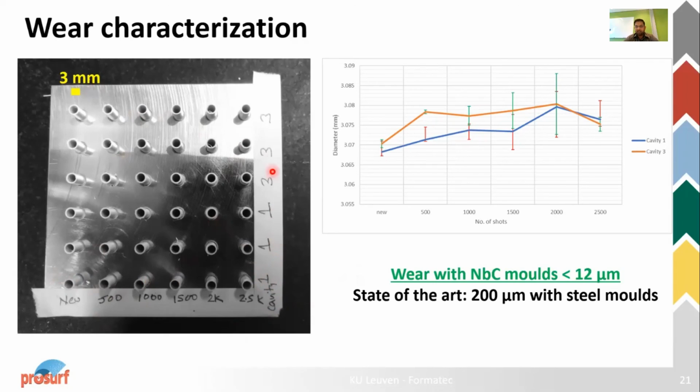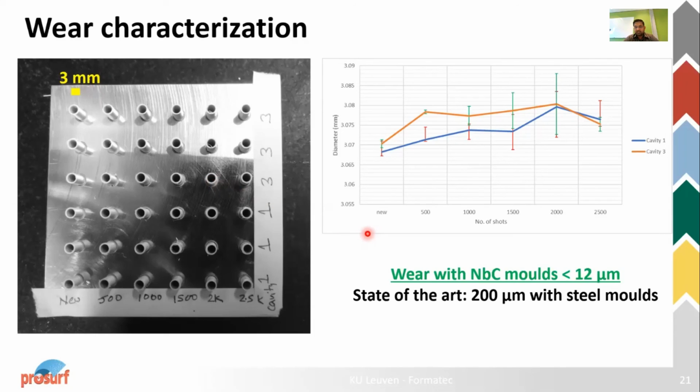So the 1 and the 3 indicate the cavity from which these products are coming out, and then the new indicates a new mold, followed by the number of shots for which these products are produced. And we measured it using a Mitutoyo CMM, where we used a ball probe of 1 millimeter diameter, and we characterized the outer diameter. Of course, we avoided the parting line of the products. Otherwise, this will cause errors in the measurement.